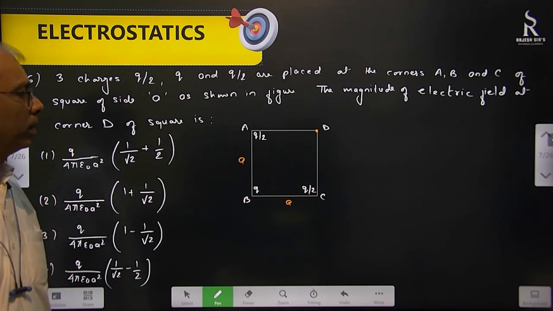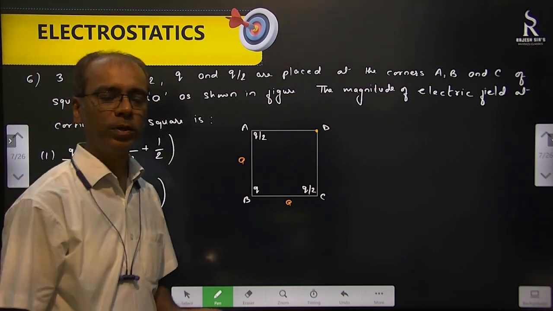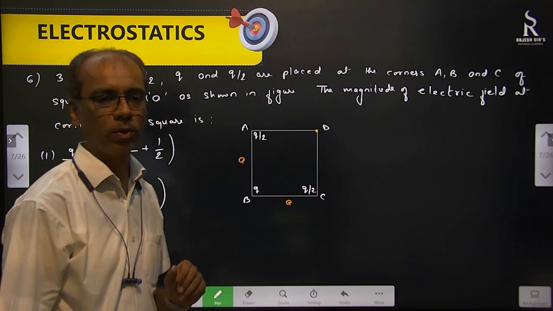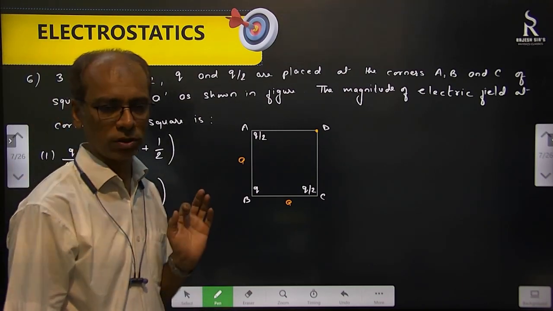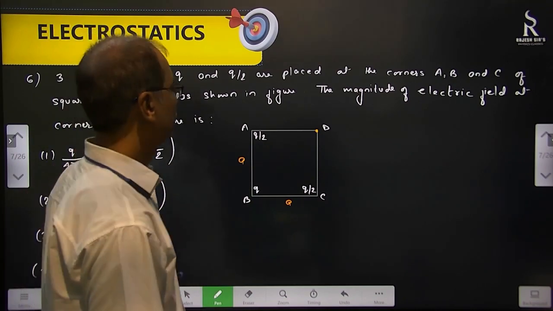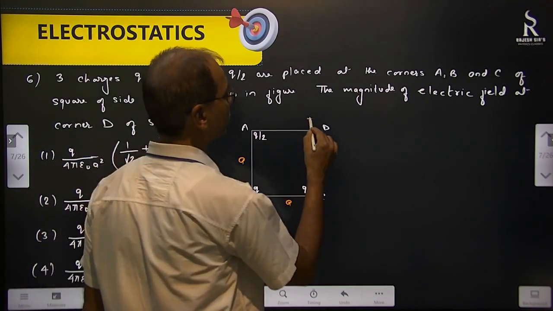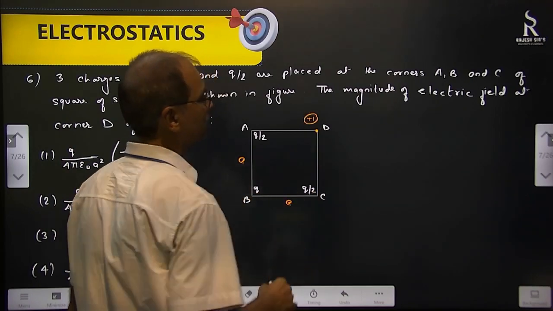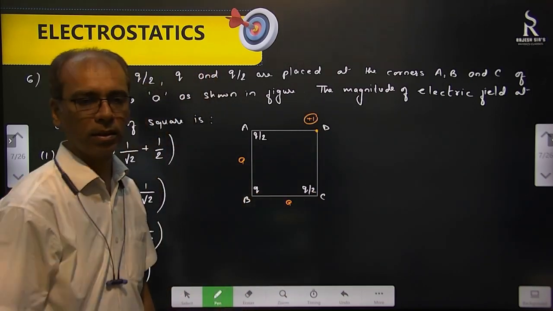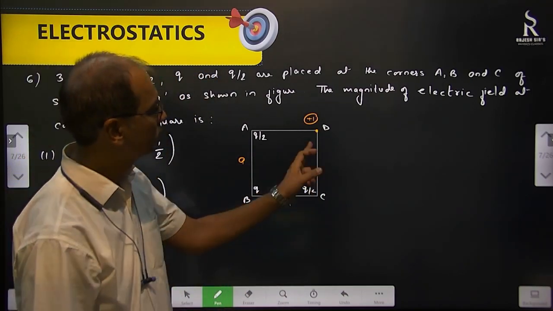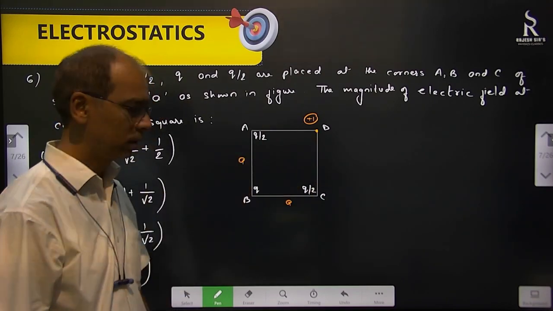Okay, no problem. To find electric field strength, what we used to do is put +1 over there and then find the force itself. Why +1? +1 actually gives us the idea of the direction, mainly, nothing else. Now q by 2 is going to do what with this? Repel.